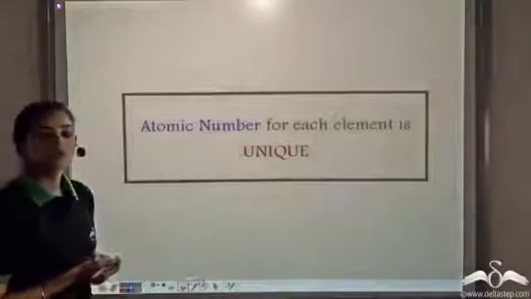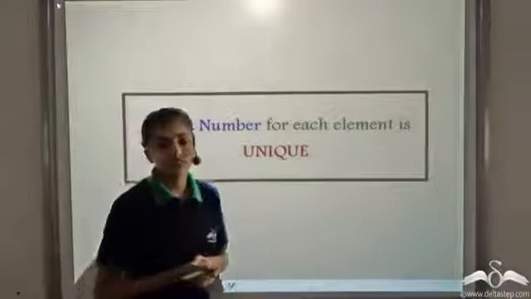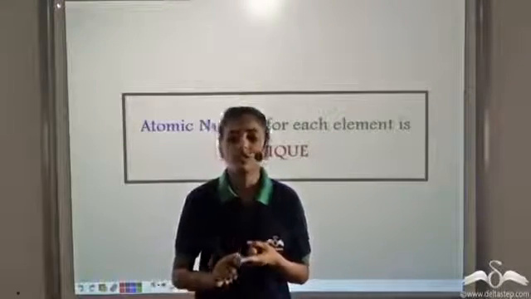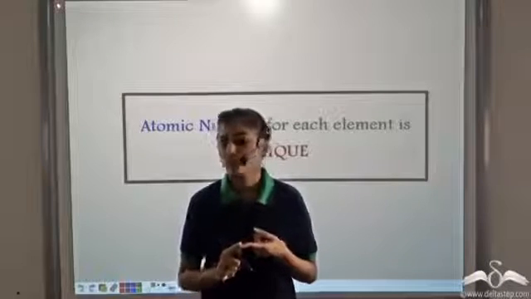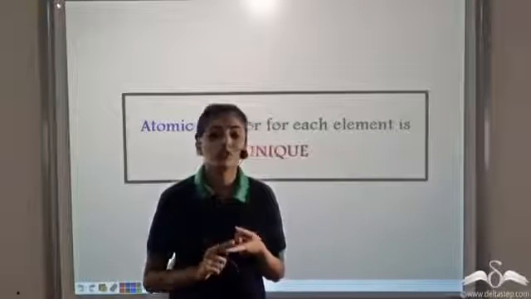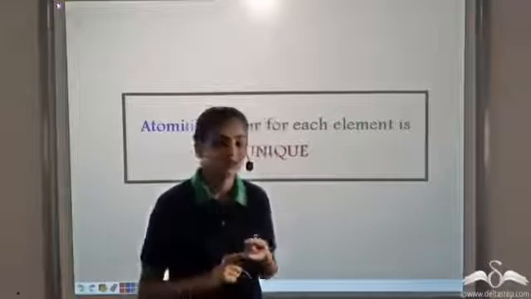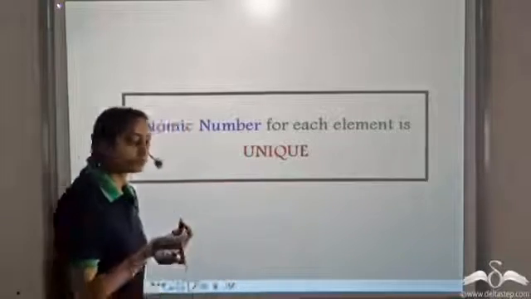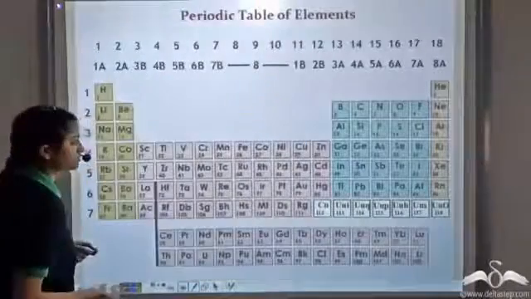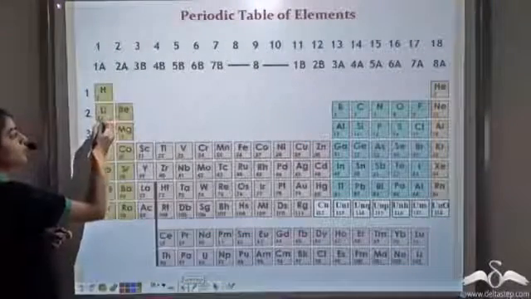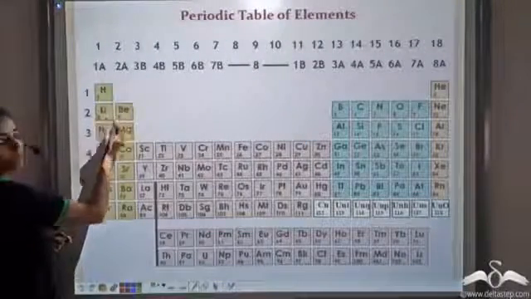Okay. So atomic number for each element is unique. We know that when we change the number of neutrons, the atom becomes an isotope. When we change the number of electrons, the atom becomes an ion, a positive or a negative ion. What happens when we change the number of protons? Let's see. If we add 1 proton to lithium, it becomes beryllium.